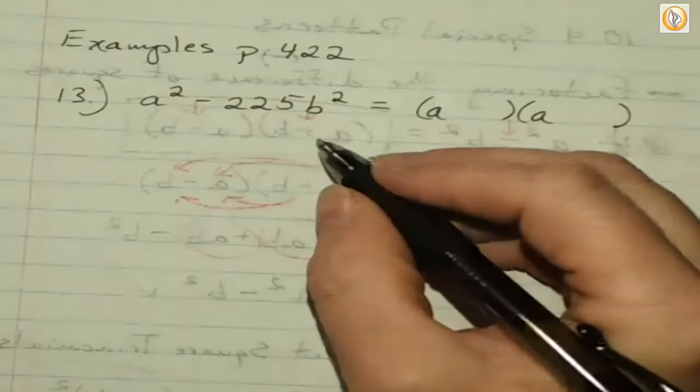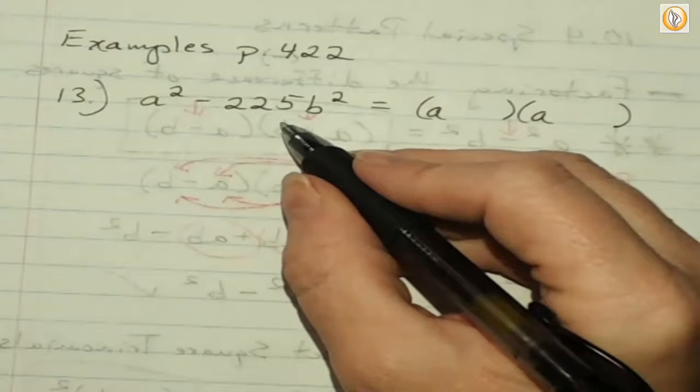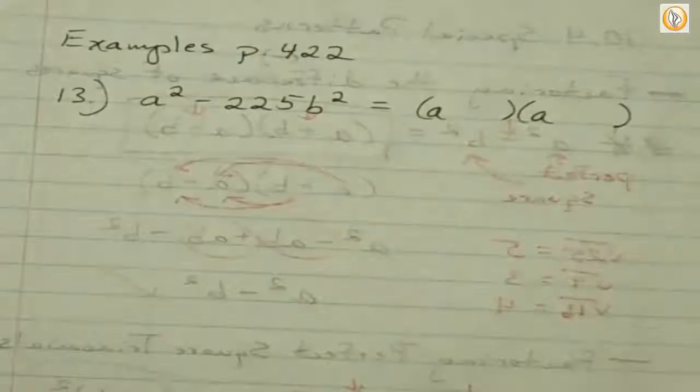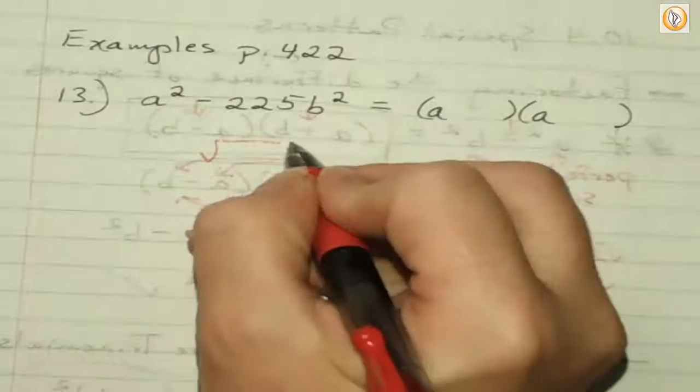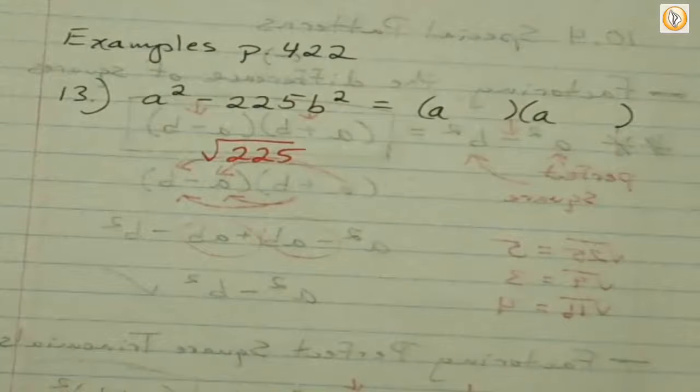It has to be itself. This is a perfect square, so you're looking for the square root of 225. What times itself?